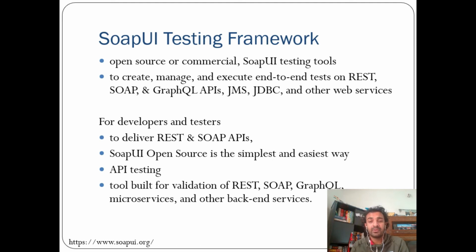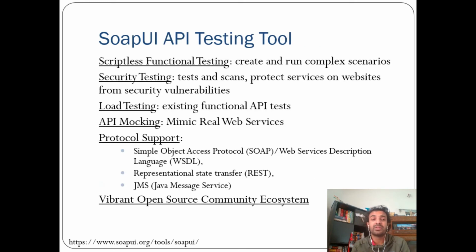What type of features does it validate? It validates REST, SOAP, GraphQL, microservices, and other backend services. Then SoapUI also does scriptless functional testing. Scripted functional testing is a popular one, meaning you write a script and mention the input, then the input goes with socket programming to the server, and the server responds to the client.